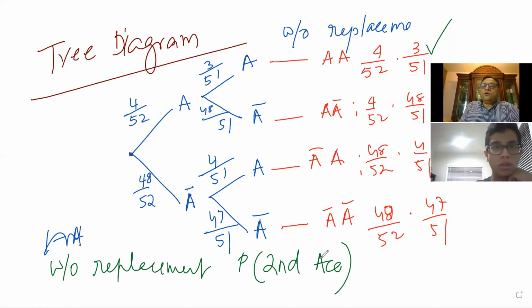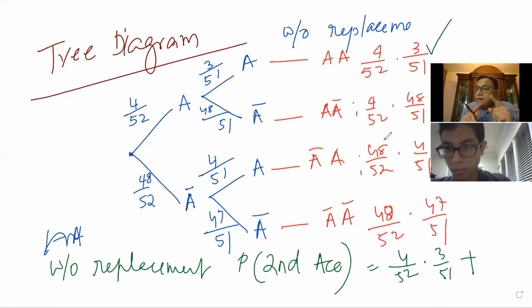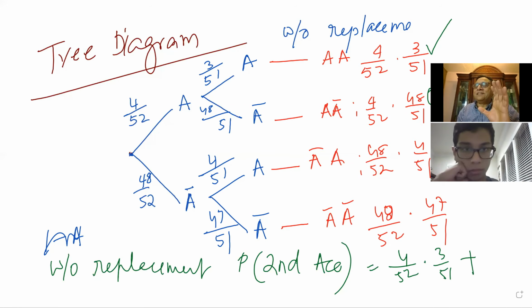Then you are going to add these two and you say, well, this is 4 over 52 times 3 over 51 plus, because you could get there from either of the two routes, the OR operation. So this or that. When this is an OR operation, then you add. That is what I wanted to tell you. Simple as that.